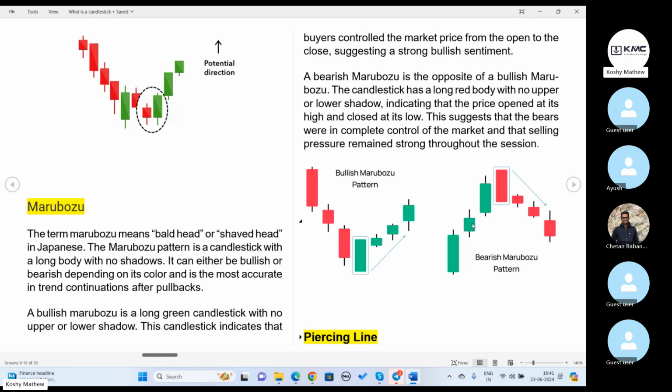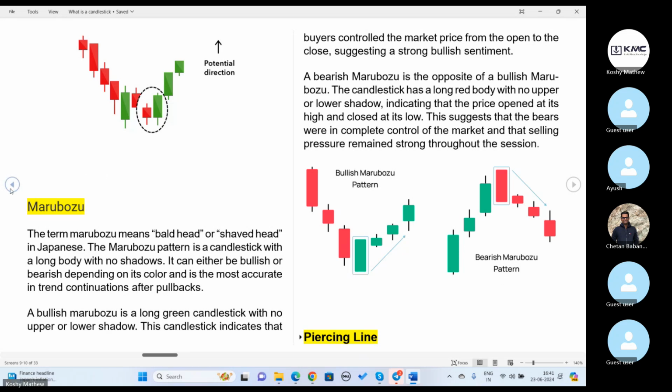The second candle people also panic because their MTM profits are shrinking. The first candle people also panic, and they have studied candlestick patterns too, so they know they have to cover their long position. That's called long unwinding. Long unwinding happens and the market starts falling. So this is the bearish Marubozu.